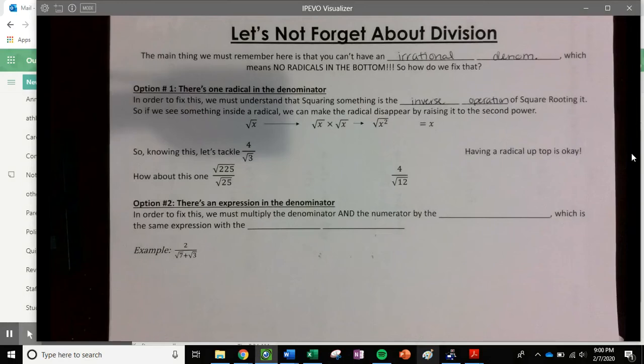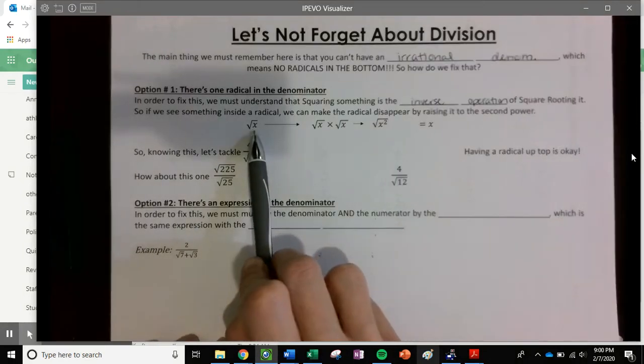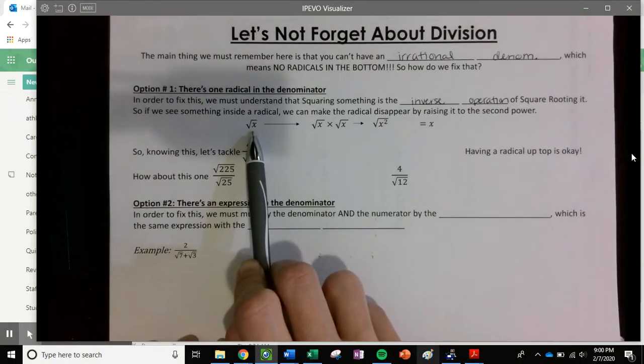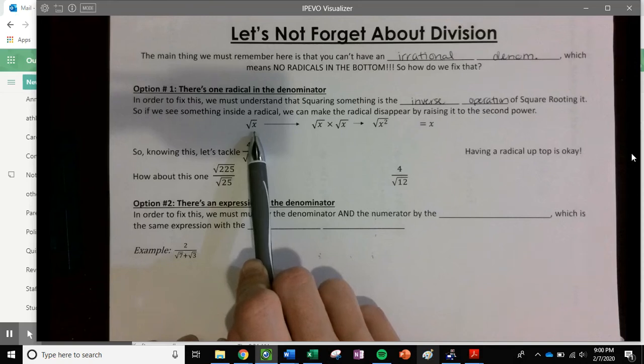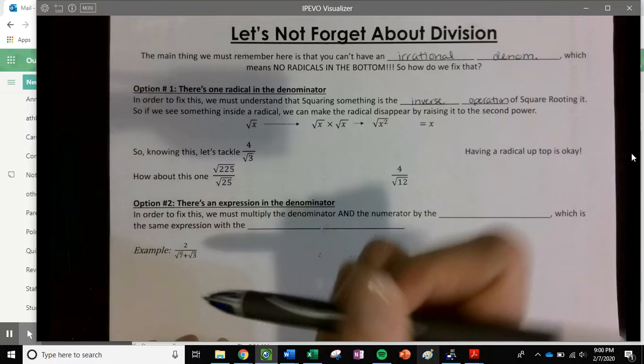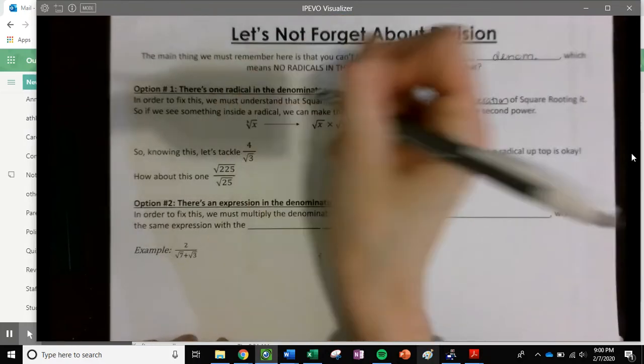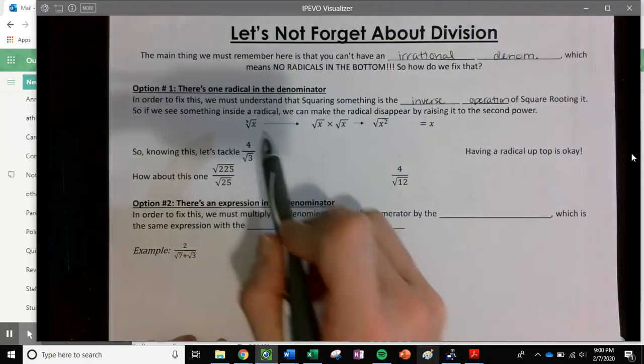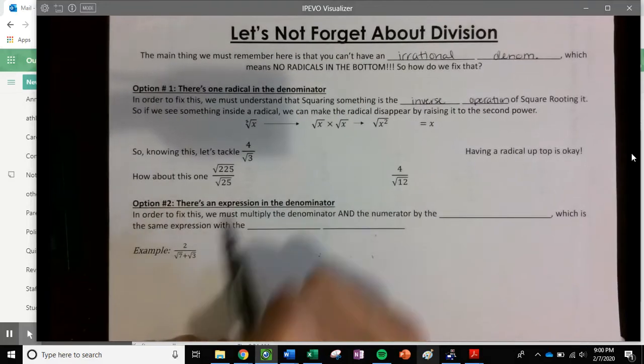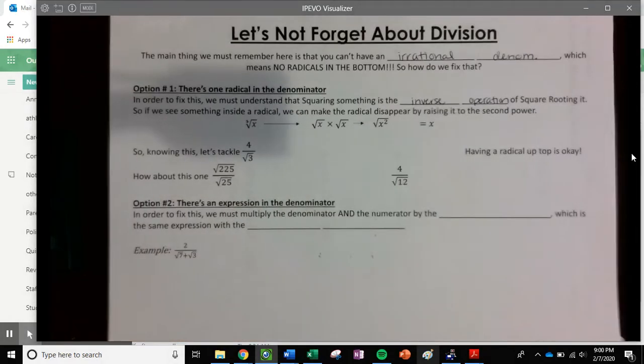So if we see something inside a radical, like the square root of x, we can make that radical disappear by raising it to the second power. Since the index here is 2, because it's not written, then raising it to the second power will make the house crumble. It'll make it go away. It will rationalize that radical.